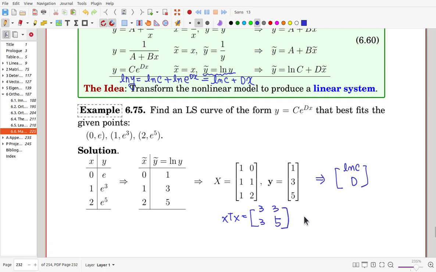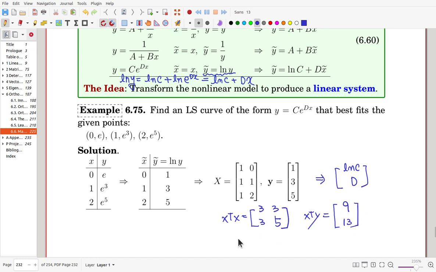Now x transpose y is the dot product with y: that is 9, and the second is 3 plus 10, which is 13.